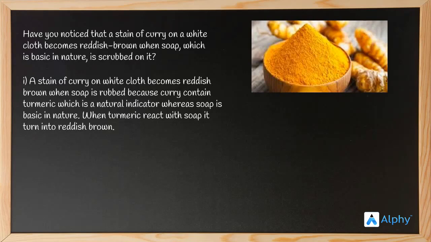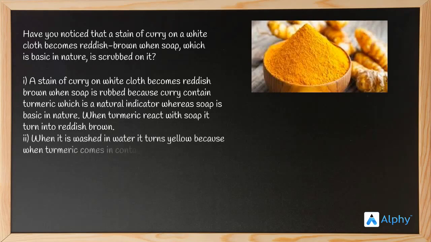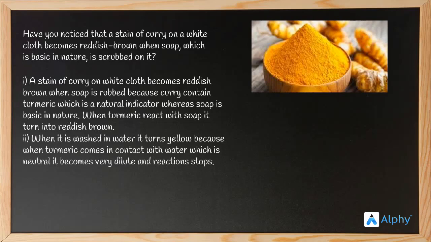So when turmeric is added to any base, it turns reddish brown. When it is washed in water, it turns yellow, because when turmeric comes in contact with water, which is neutral, it becomes very dilute and the reaction stops.